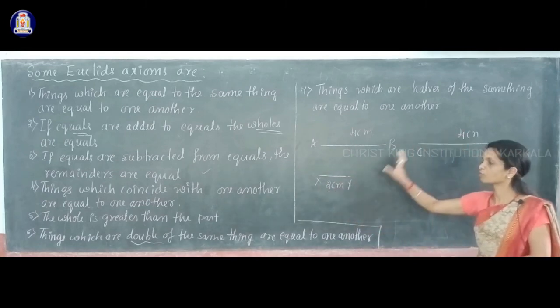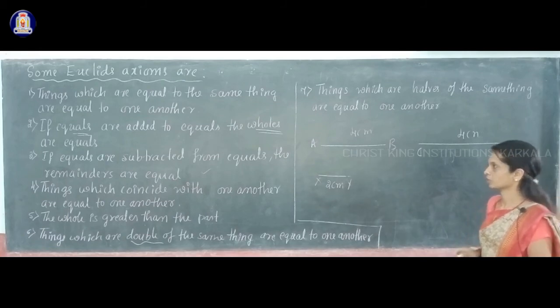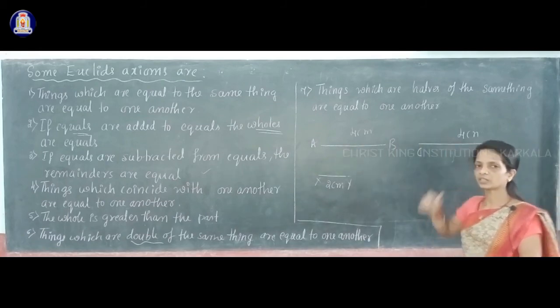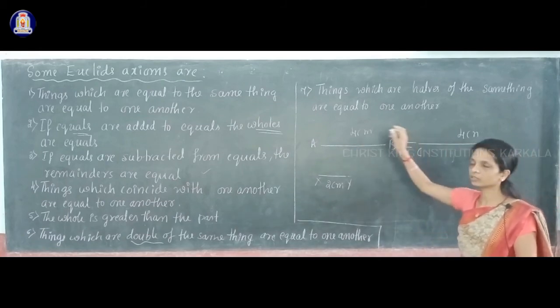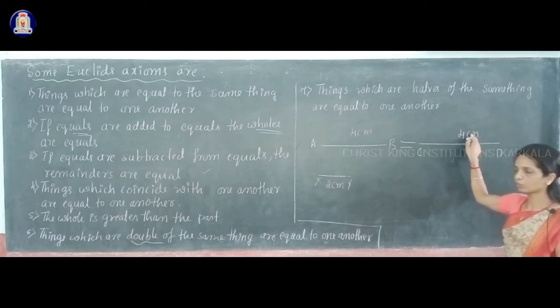Double of that means 4 centimeter. So CD is also 4 centimeter. Now what you can see, AB and CD, they are equal, right? AB is 4 centimeter and CD is also 4 centimeter.